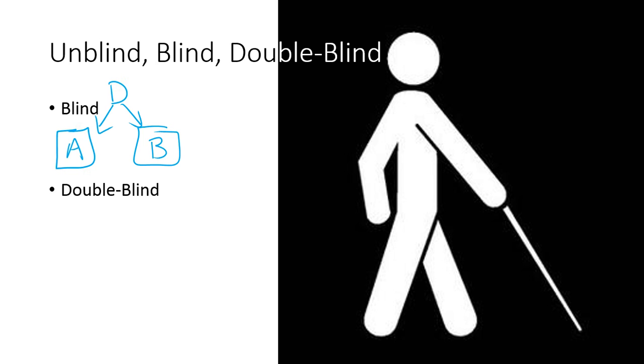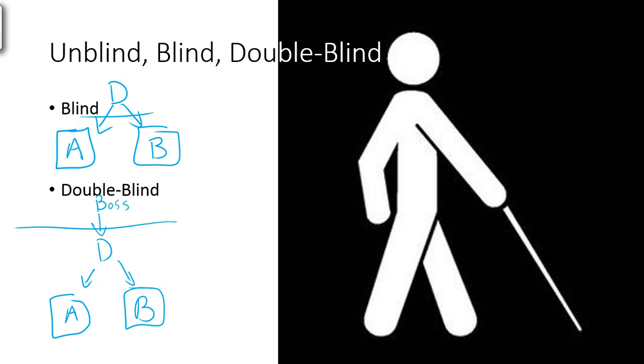Now, a double-blind study, we've got our group A and we've got our group B, and they're getting their pills from, let's say, the doctor, and he's getting his from, let's say, the boss man. Now with this, the boss knows who gets each treatment, but the doctor doesn't even know who has the treatment.